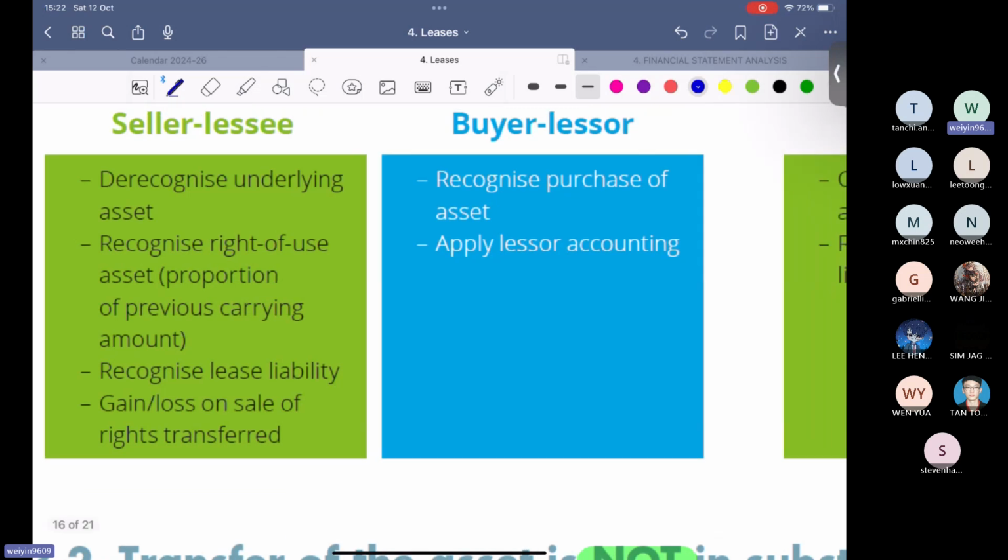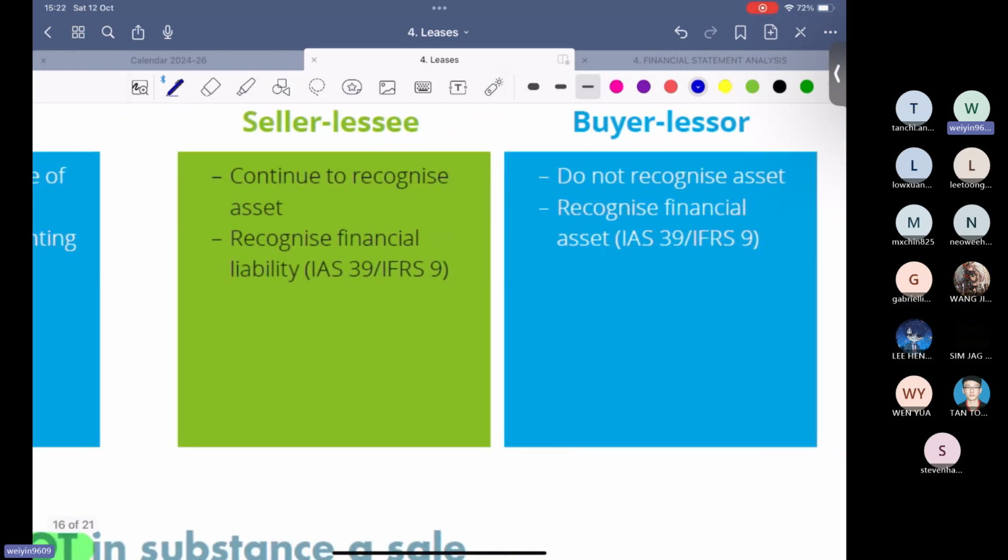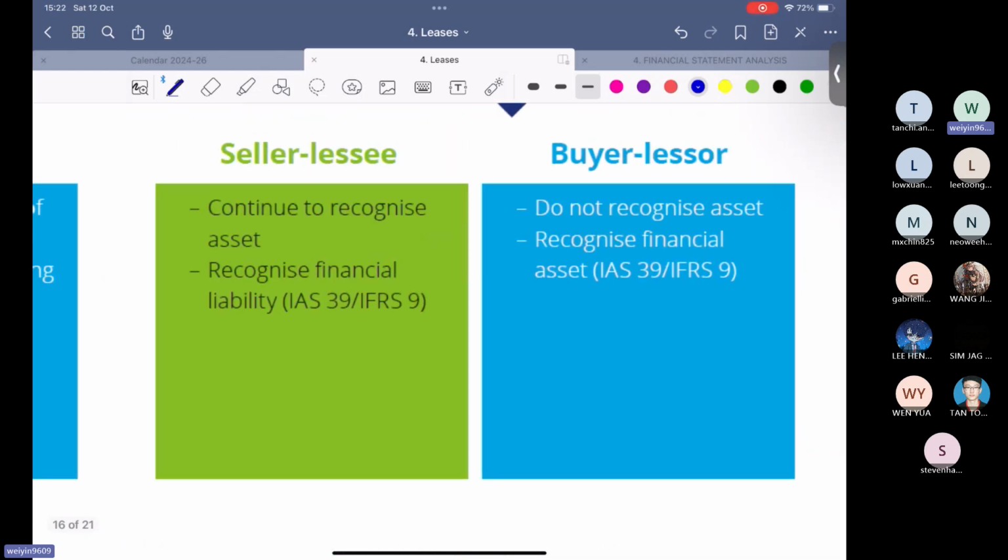As for the buyer, recognize the purchase of the asset, then apply lessor accounting. If you find this is not a sale, the seller-lessee continues to recognize the asset, but recognizes the financial liability, which is under IFRS 9. And for the buyer-lessor, do not recognize the asset, but recognize a financial asset under IFRS 9.